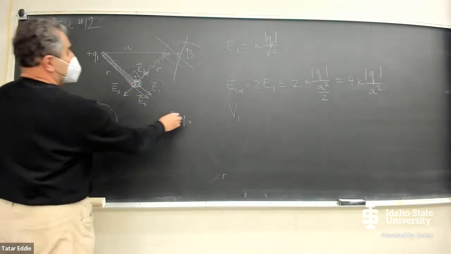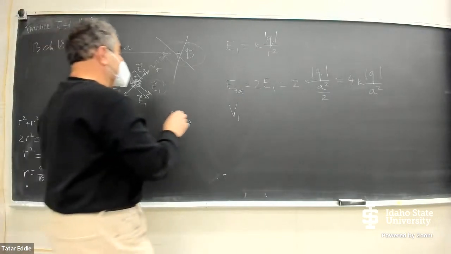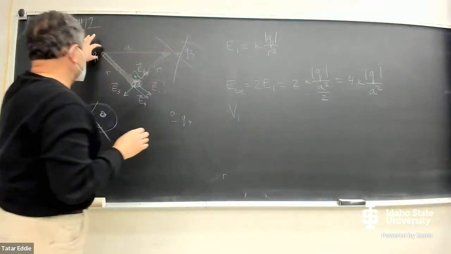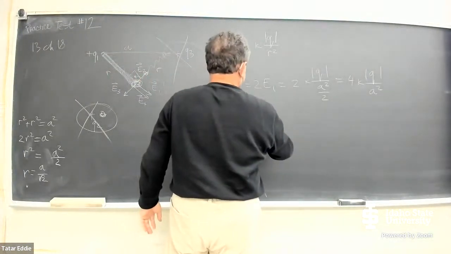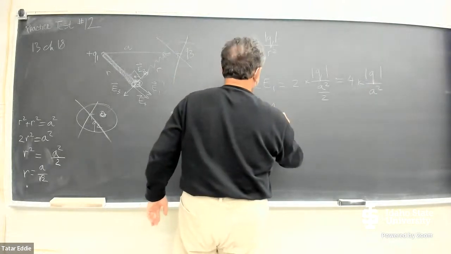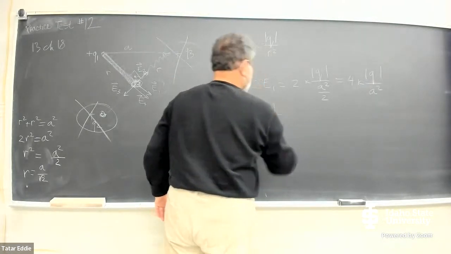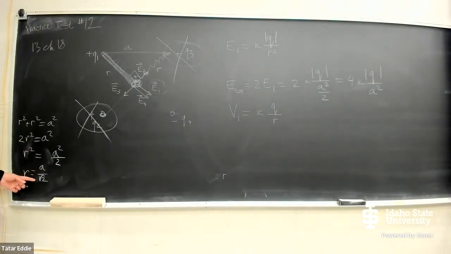The voltage created by the first charge is just going to be K times Q together with its algebraic sign divided by R rather than R squared, where R again is this.